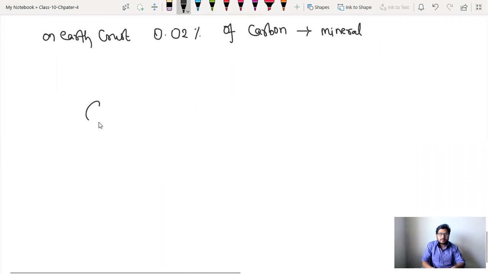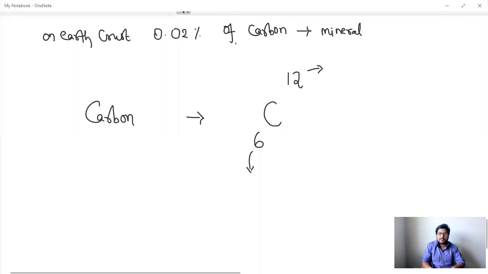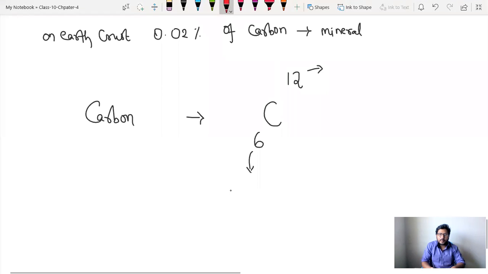Carbon is represented with the symbol capital C. Its atomic number is 6, mass number is 12. 6 is its atomic number, of course, you know that. 12 is the mass number. This C is the symbol.